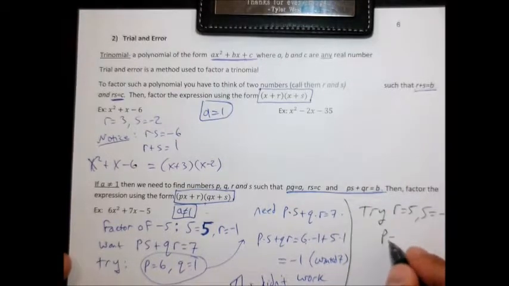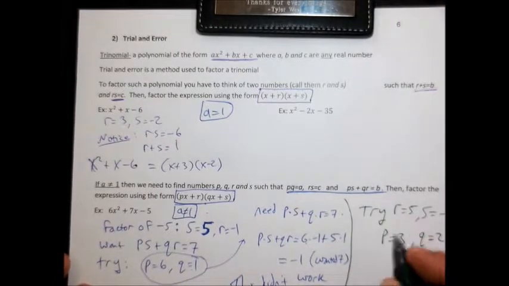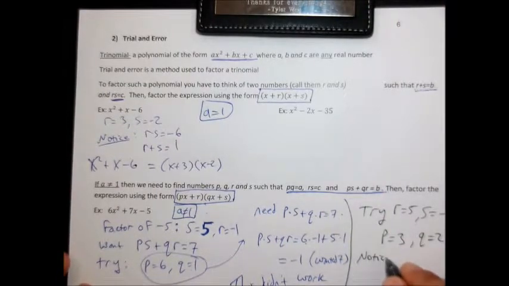And then let's use 3 and 2 instead. So Q equals 2 and P equals 3. If we do it that way, notice that they actually add up to the correct thing. If we do P times S plus Q times R, we do get 7, right? Because P times S would be -3 plus 10 would give us 7. So that's good. Check.